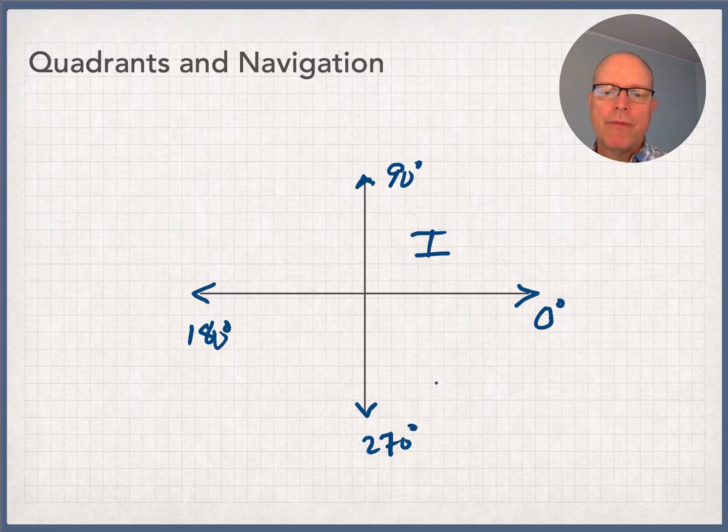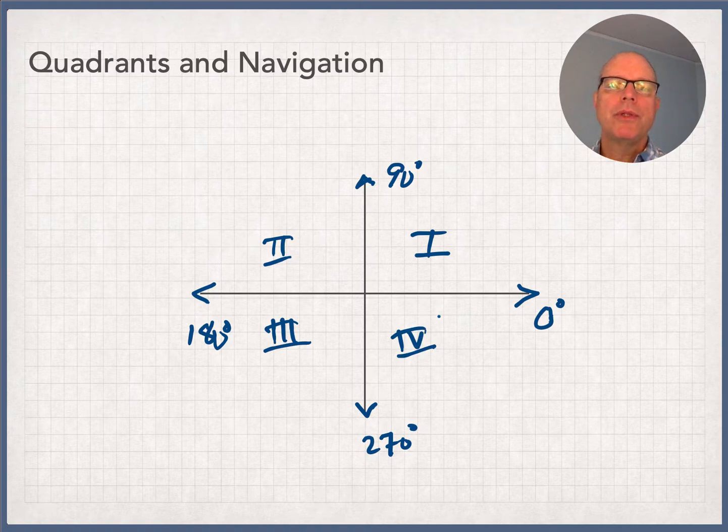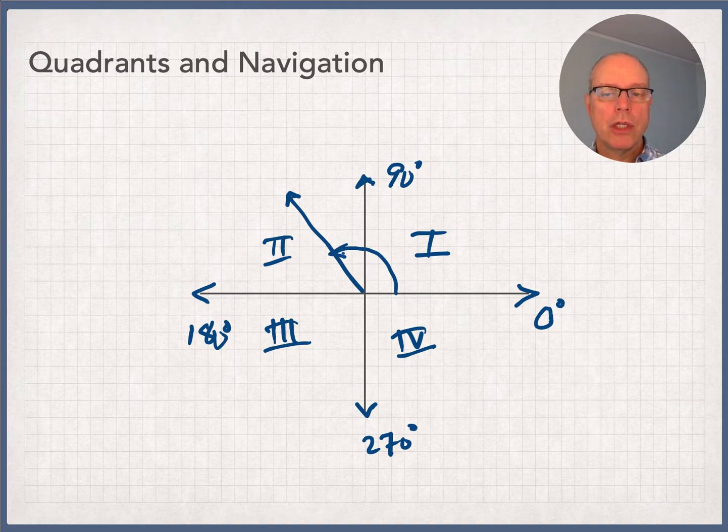So directions and angles go together. Also, it's really handy to remember the numbers of the quadrants. I think everybody remembers those, 1, 2, 3, and 4. The big thing to remember, though, is that when we're giving a direction to a heading, let's say it's somewhere out here, what we do in numbering the directional angle is we start at 0 and we rotate counterclockwise until we match up with the vector direction itself.